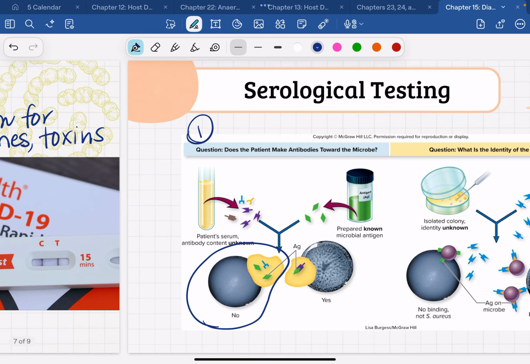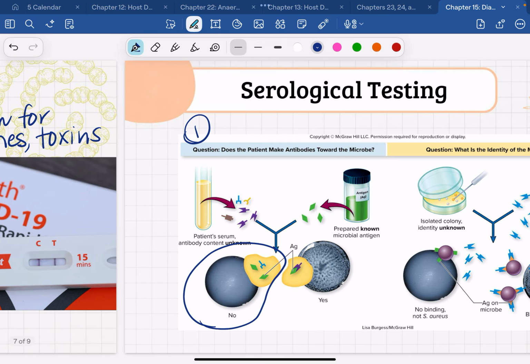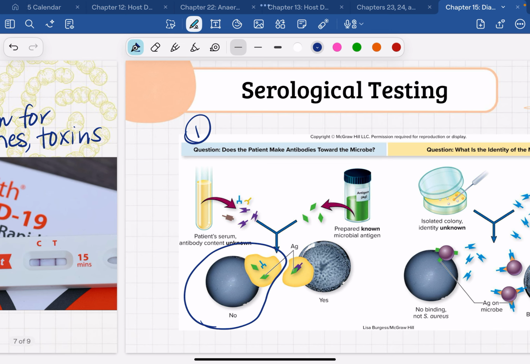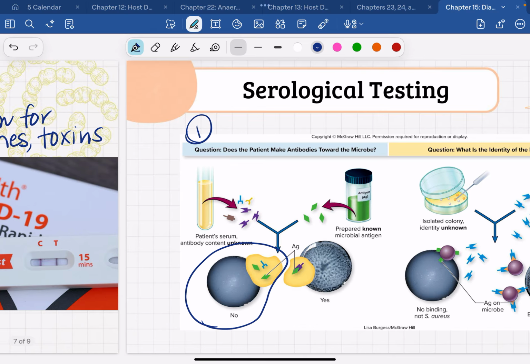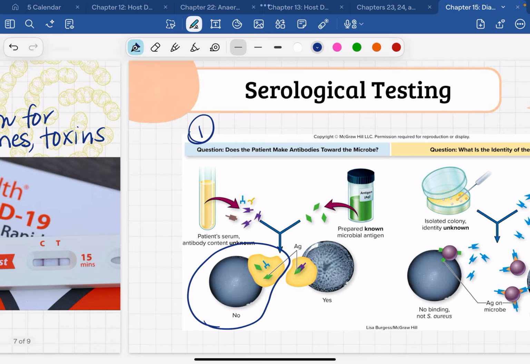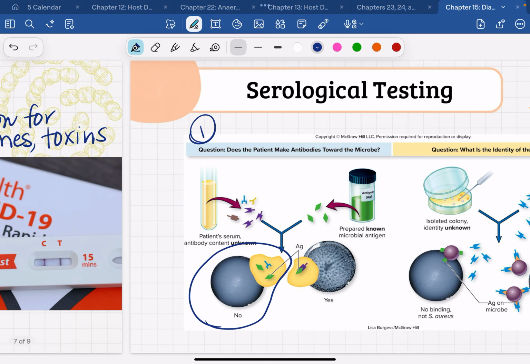On the right, however, that person, that patient, did produce antibodies. And so because the antibody is present in their serum, it will bind to the antigen we added, and it will cause clumping, which you can see in that little drop. Okay, you can see the little chunks that have formed. They just look like little beads or little clumps.